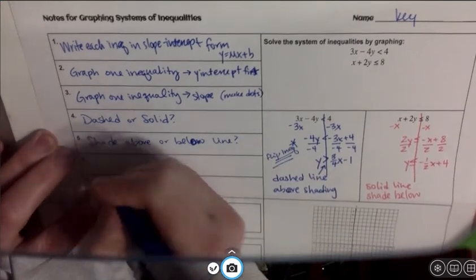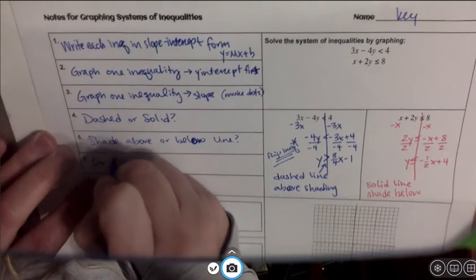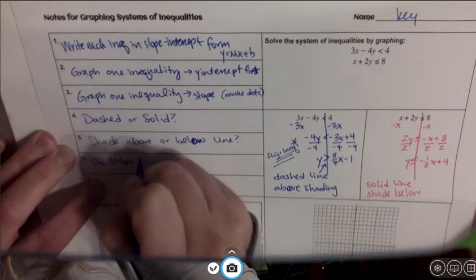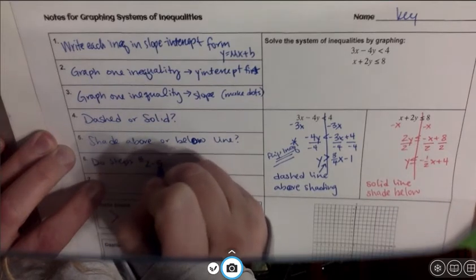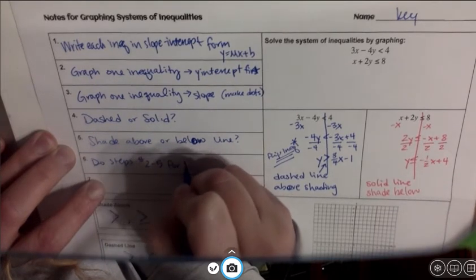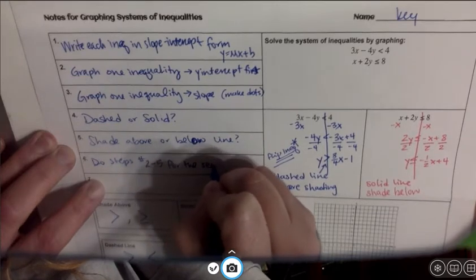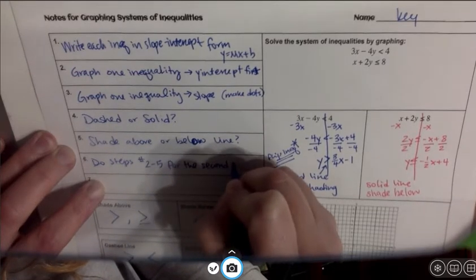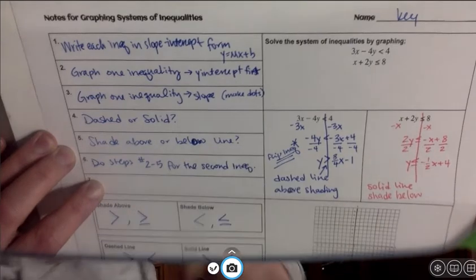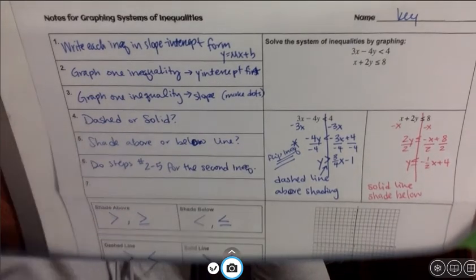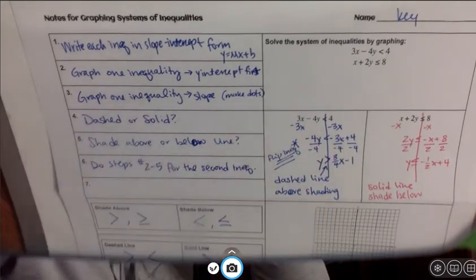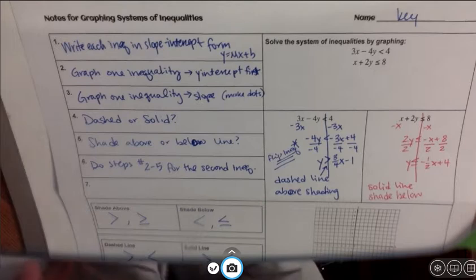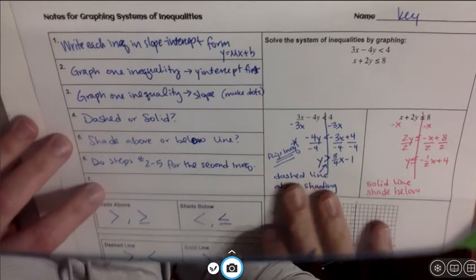Then step number 6, do steps number 2 through 5 for the second inequality. I say do them separately, so go through all of the steps for one of them and then do all of the steps for graphing for the other one separately, one at a time, just so that way you don't potentially get slopes mixed up between different y-intercepts.